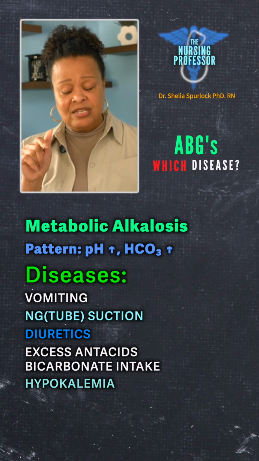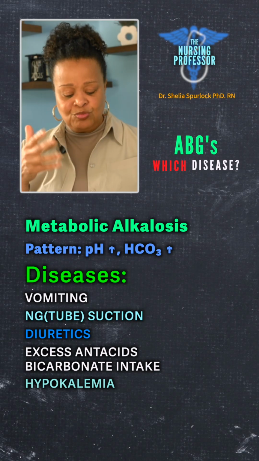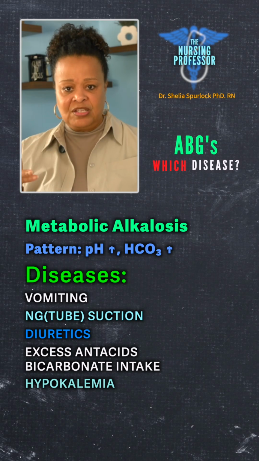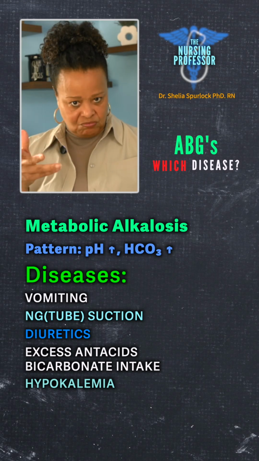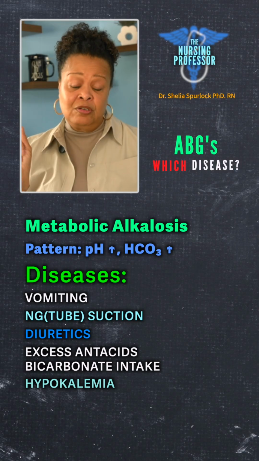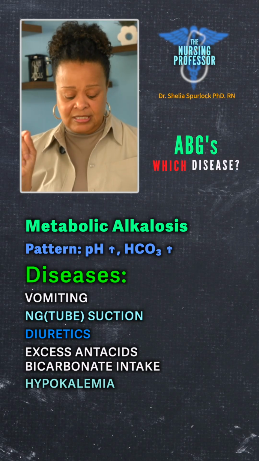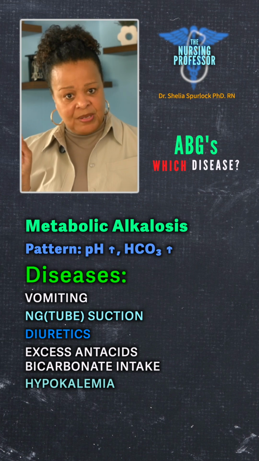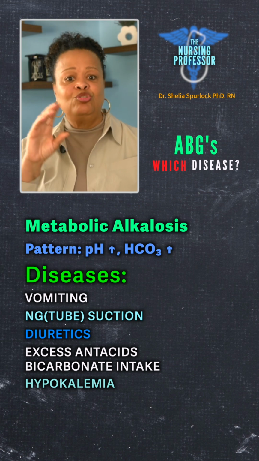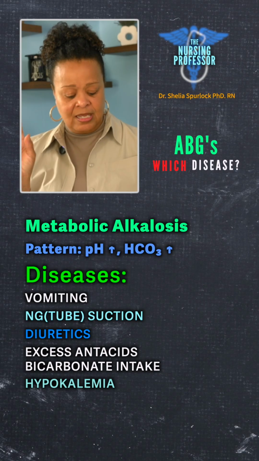And you can only imagine that if a person is vomiting too much, then they're losing too much of their acid. Okay, think about that. A person that has an NG tube and they're connected to suction. Again, this is why we're always paying attention to a person who is hooked up to suction to make sure it's not too much coming out too fast.